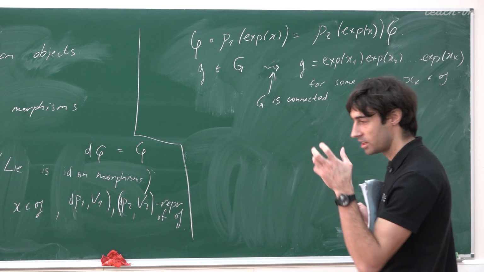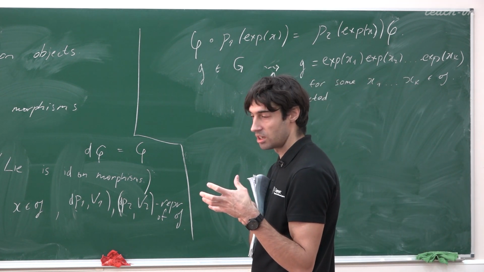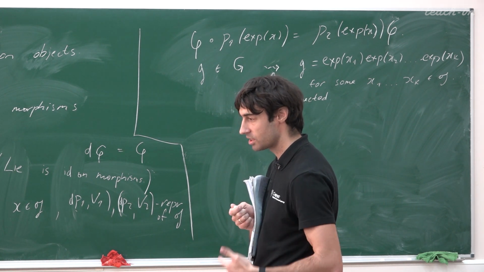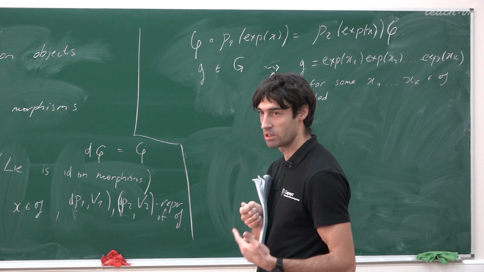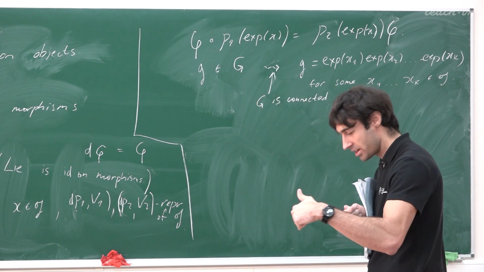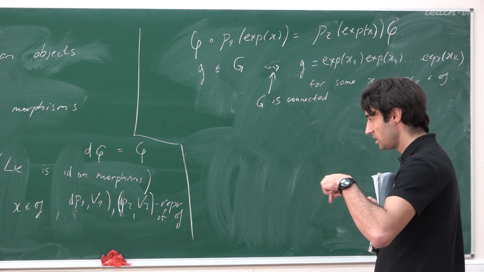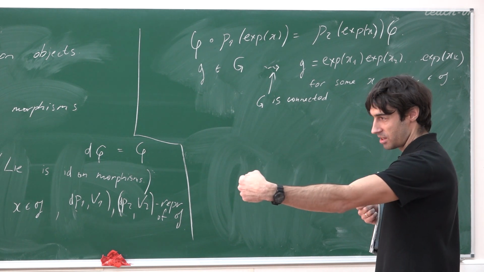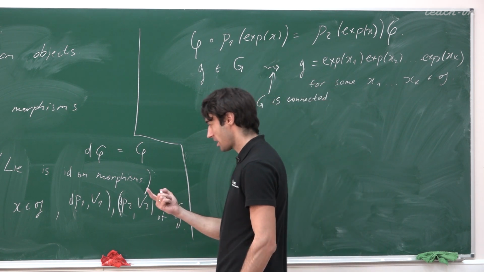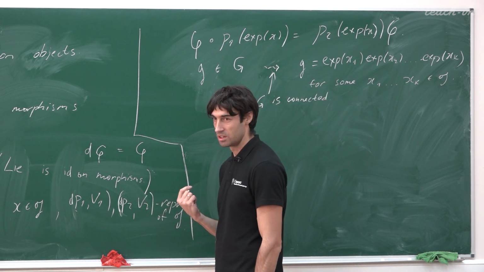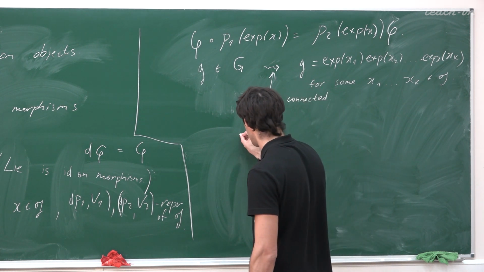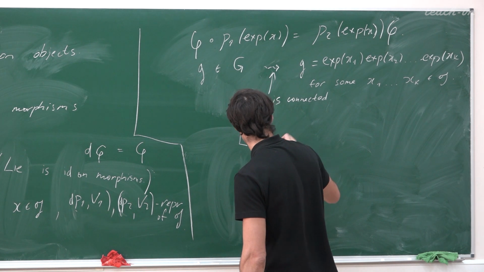So I would like at least to take a representation whose isomorphism class contains a representative which is d rho of something. I would like it to be in the image of Lie, right?